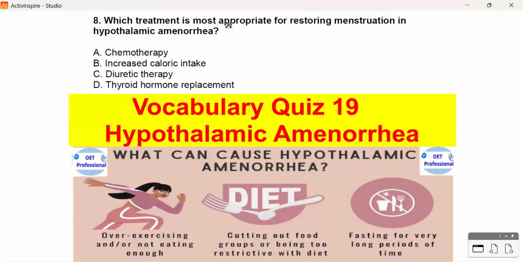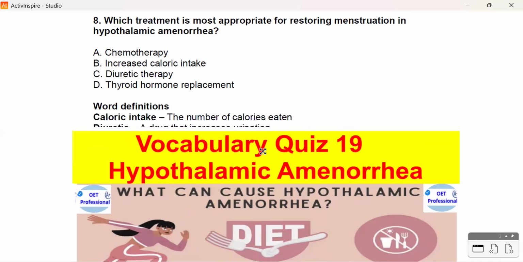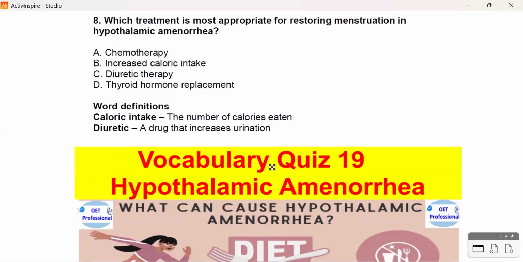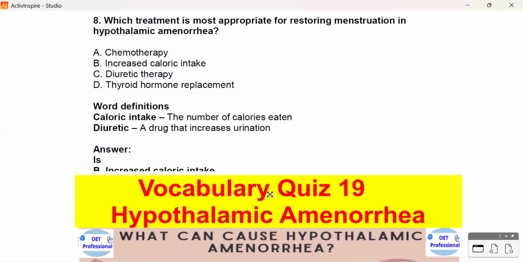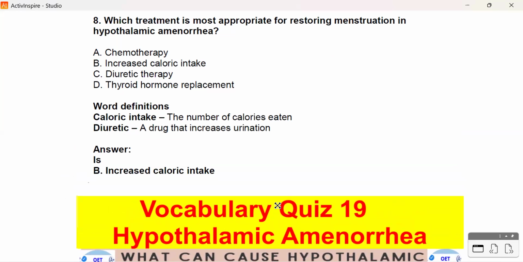Which treatment is most appropriate for restoring menstruation in hypothalamic amenorrhea? Chemotherapy, increased caloric intake, diuretic therapy, thyroid hormone replacement? The correct answer is increased caloric intake, the number of calories eaten.